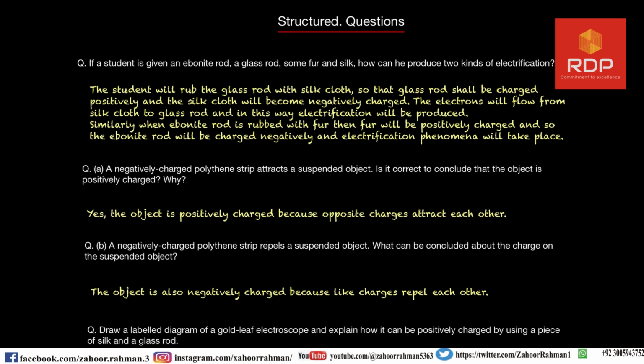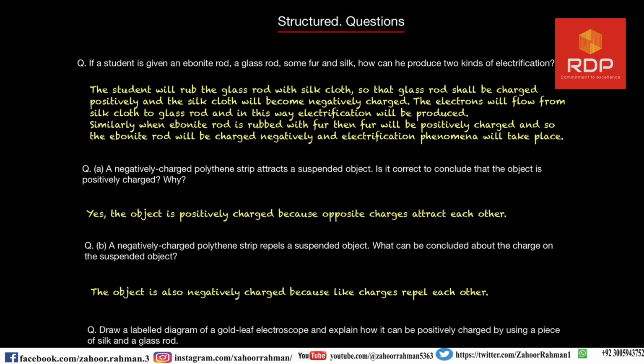Similarly, in B part, a negatively charged polythene strip repels a suspended object. What can be concluded about the charge on the suspended object? Now in this case, because they are repelling each other, the object is also negatively charged.